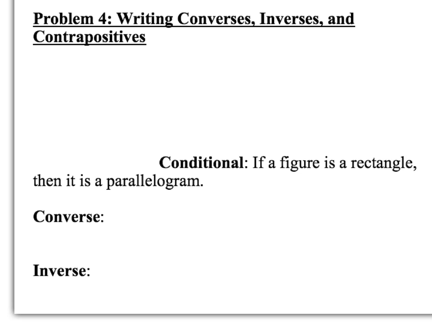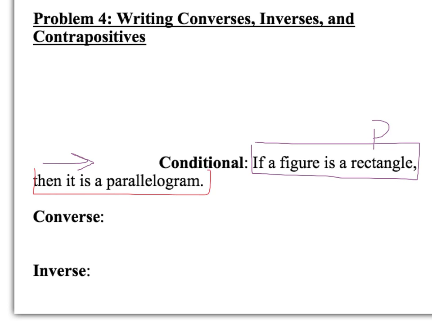So we are going to try an example and write out different sentences. So in my conditional statement, the first thing you always want to do is find your P's and Q's. So I'm going to box in my P. If a figure is a rectangle, then it's a parallelogram Q. This would be a true statement.